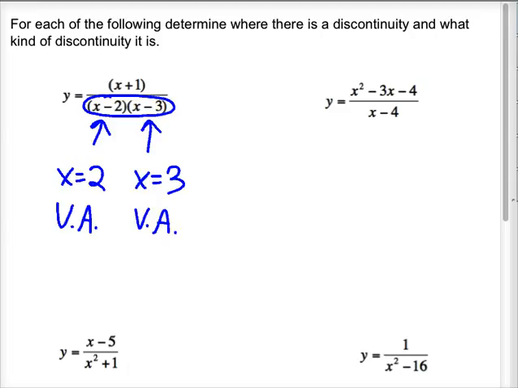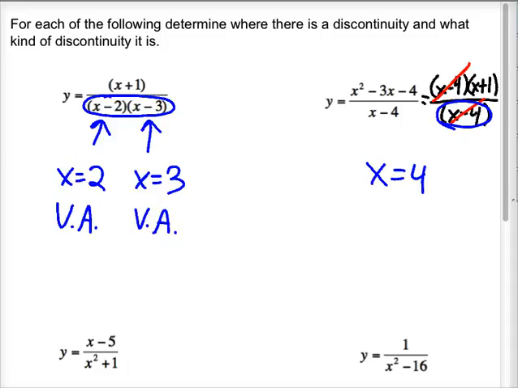Now let's look at this next piece. Well, this next one, you can actually factor the top. So on top, you get x minus 4 and x plus 1 over x minus 4. Then those x minus 4s would actually cancel out. So when I'm looking at my bottom, I can tell that I have a discontinuity at 4.